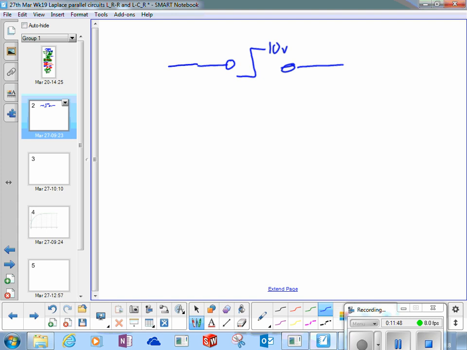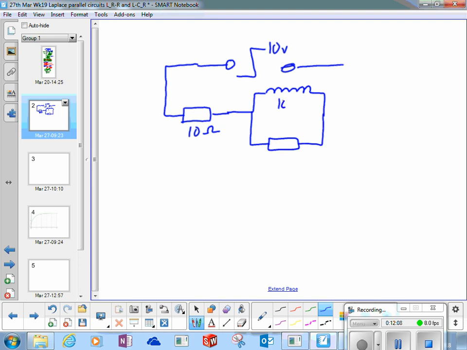A 10 volt step, 10 ohms, henrys, 20 ohms. Okay, once steady state is reached, what's the current?